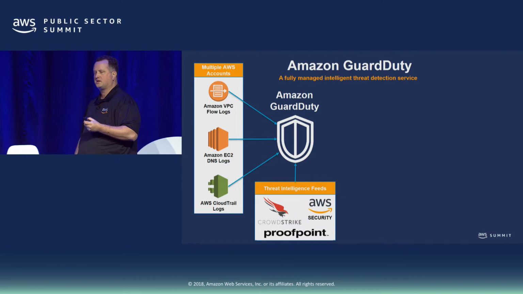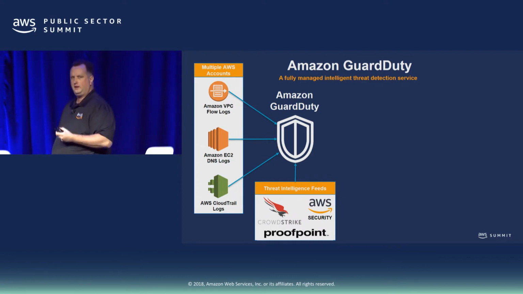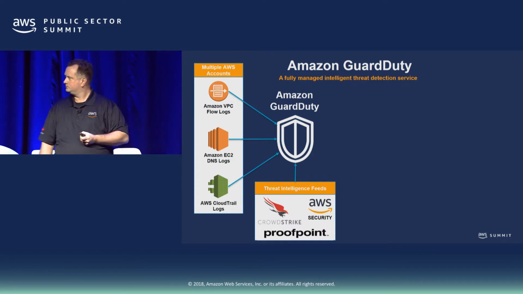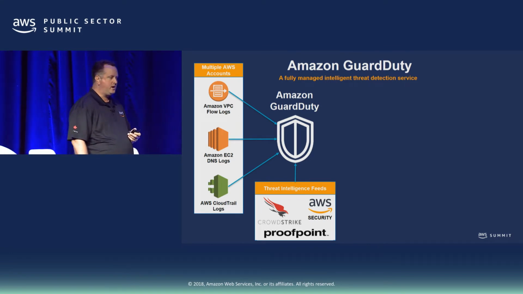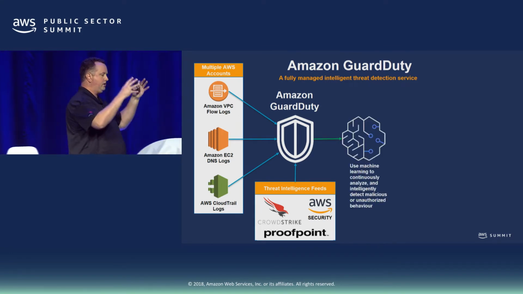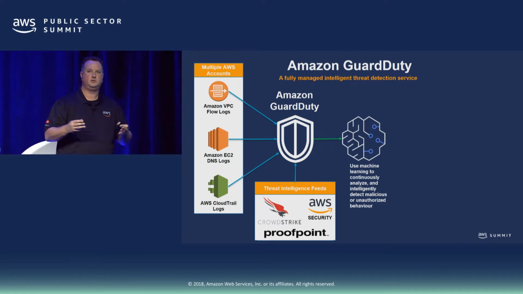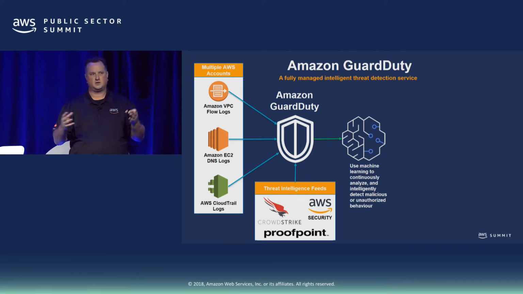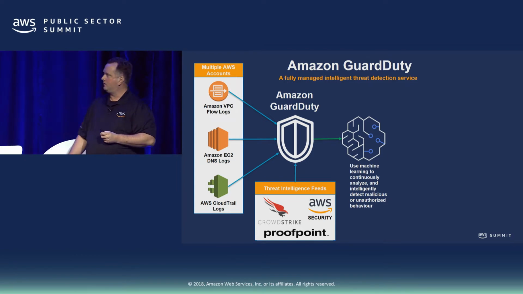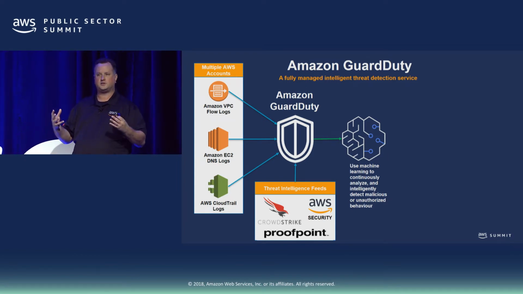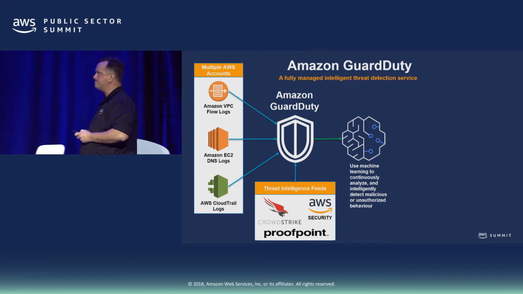Now, all of that gets combined with a threat intel feed coming from Proofpoint, from CrowdStrike, and AWS security. We combine all that together and use machine learning algorithms to look for anomalies. So it's a lot more powerful than just static if-then-else type coding. And this is how we can detect a lot of really interesting things, by using machine learning.